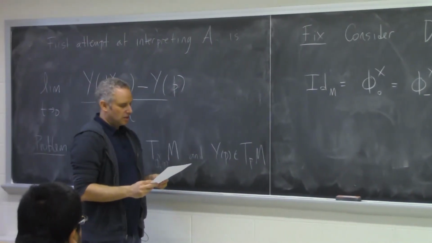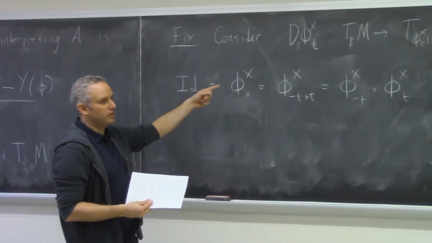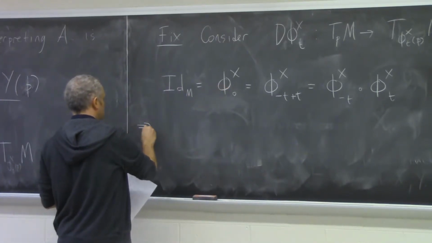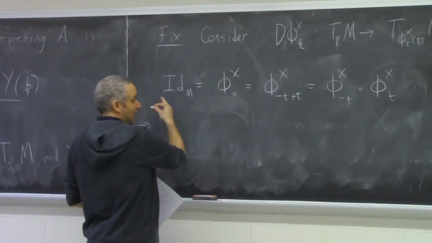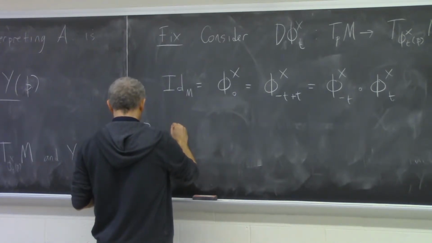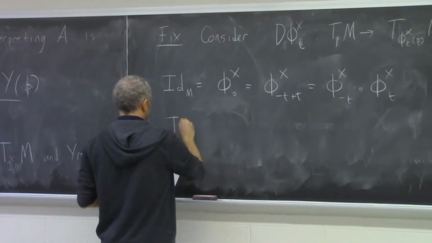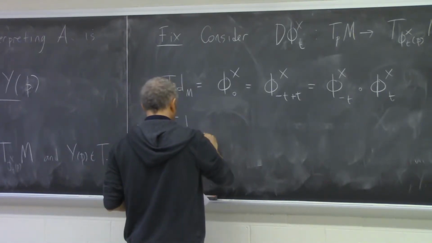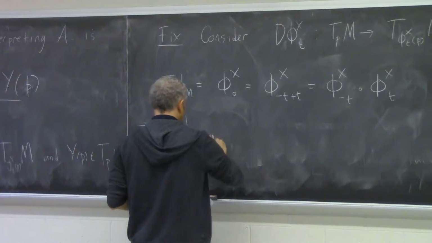All right. And so if we take the derivative of these equations, as maps, then we get the identity map on T_pM.